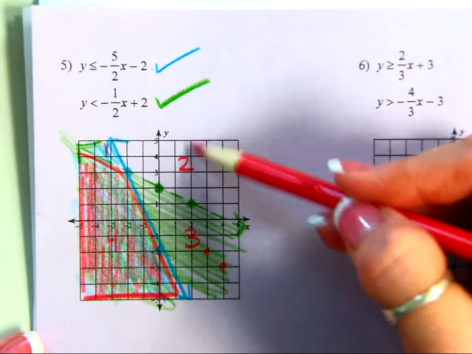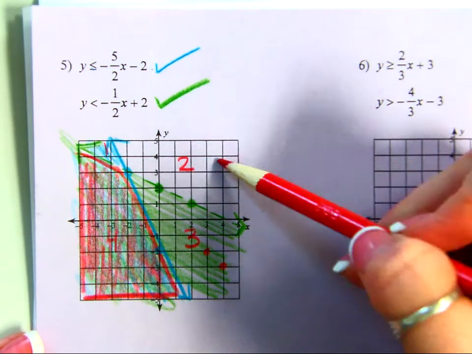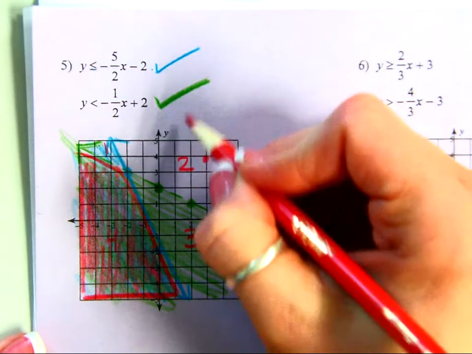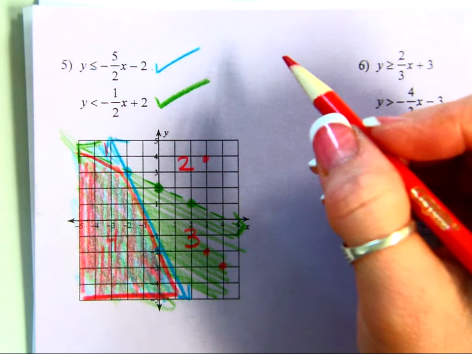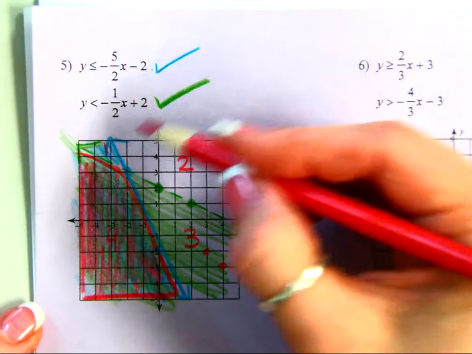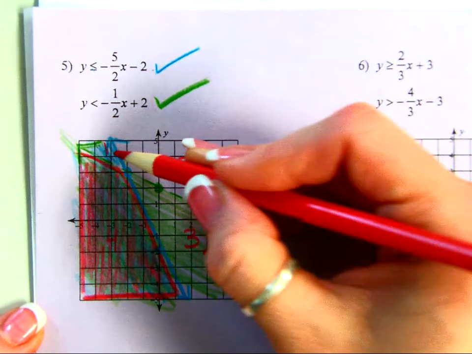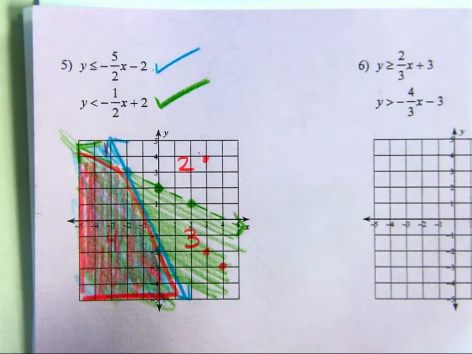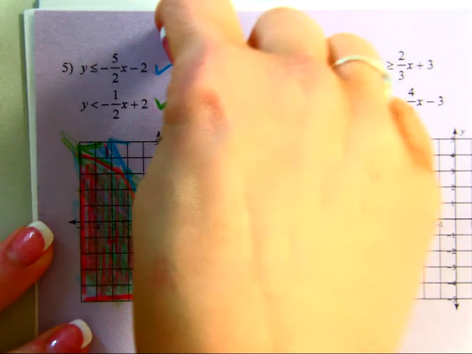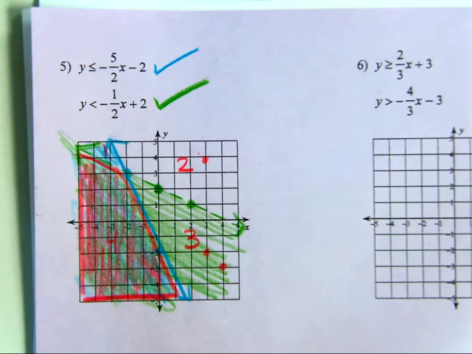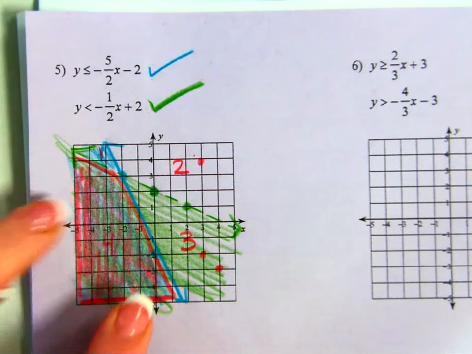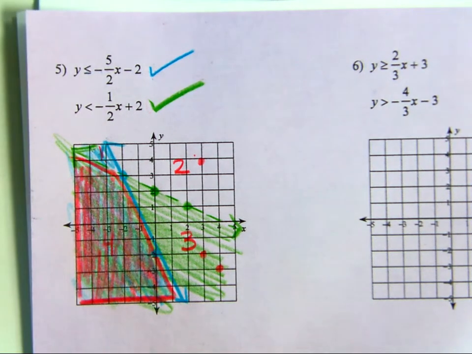If it's not in any shading, I can take a point in here, plug it into both, neither one will be true, right? I'm not concerned about any of these 3. The only thing I want to know is what region can I pick any point from, plug it into both the x and the y for these, and get them both to be true. And it would be as long as it's in that red region. And obviously there's arrows, so they would have to keep going, right?